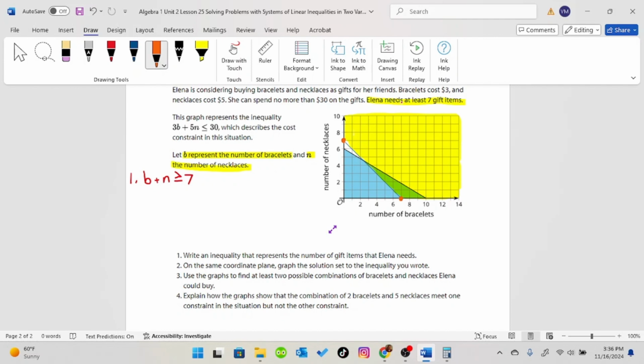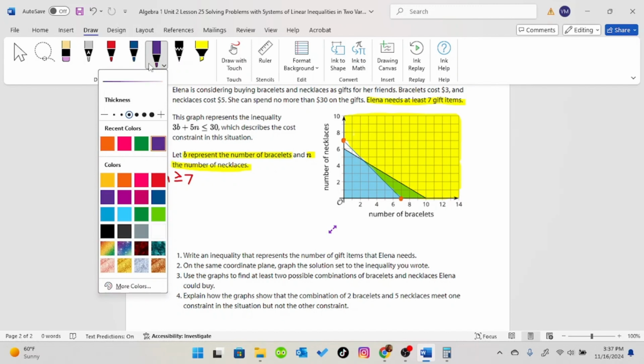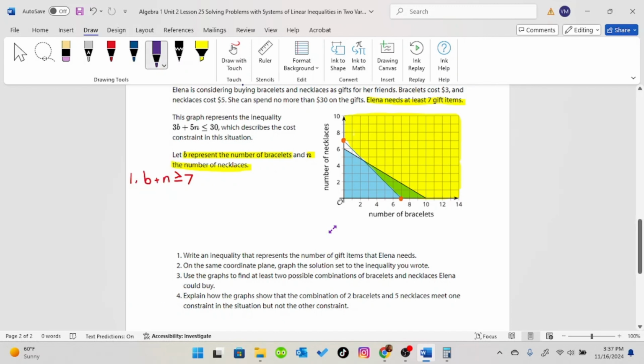So now number 3. Use the graph to find at least 2 possible combinations of bracelets and necklaces that Elena could buy. So what we can do is look in the double shaded region, down here where the yellow shading and the blue shading overlap and create this green shading. So anything in that green shading and the solid lines that form the boundaries for that green shading.